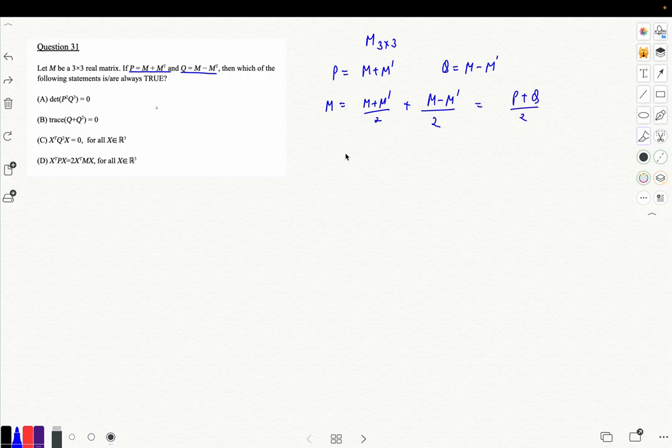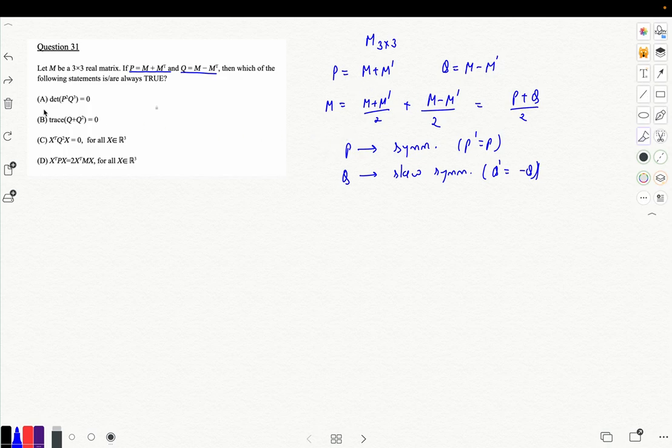So from this we can say that P is my symmetric matrix and Q is my skew symmetric matrix. So P would follow P transpose is equal to P, and Q transpose is equal to minus Q. That is the information they were trying to tell us.